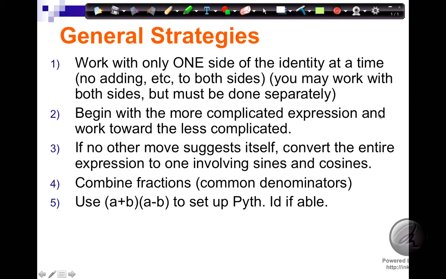The reason you do that is because if you multiply these two things together, you'll get a squared minus b squared. And all of our Pythagorean identities can be written as 1 minus something squared or something squared minus 1, which actually could be factored to this if necessary. All right, so Pythagorean identity is one of our huge ones, like I mentioned before.